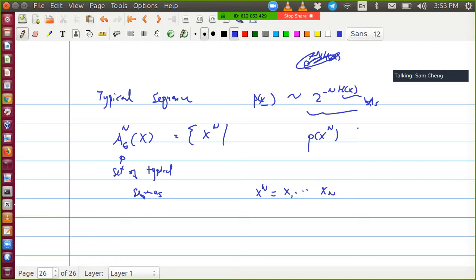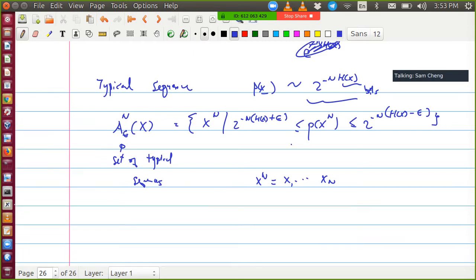And it's less than or equal to 2 to the minus n(H(x) minus epsilon), and bigger than or equal to 2 to the minus n(H(x) plus epsilon). So it's just the definition of the set of typical sequences.